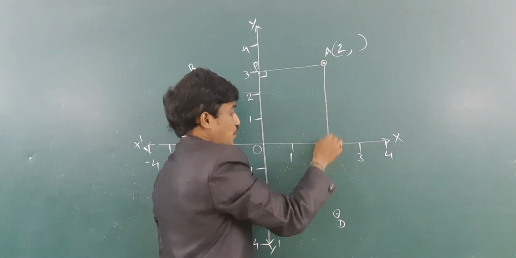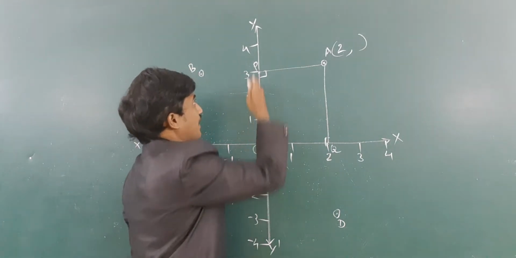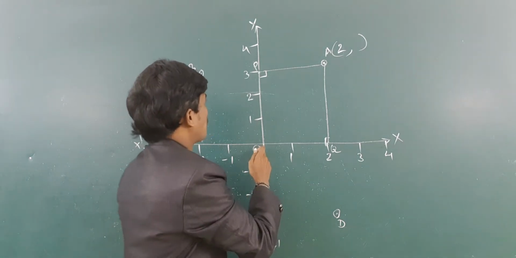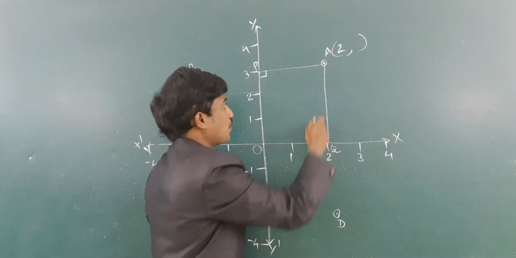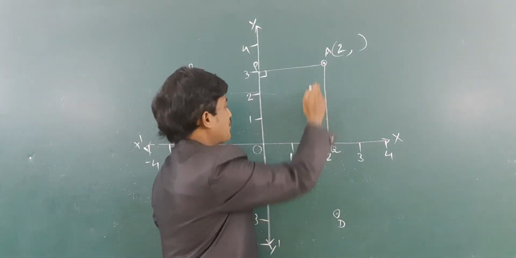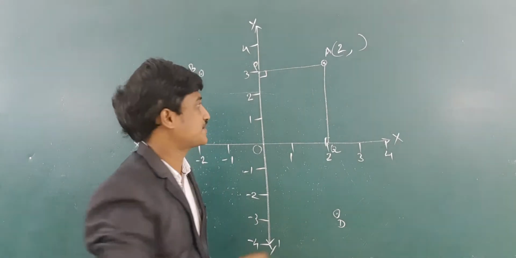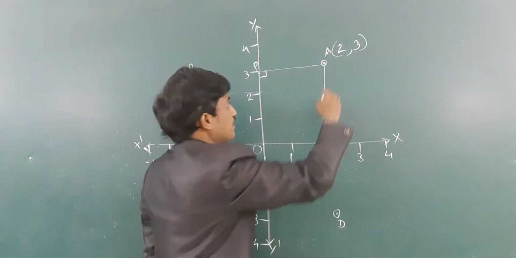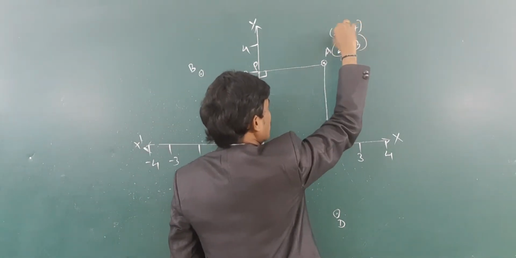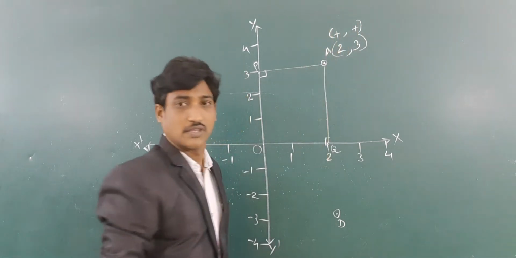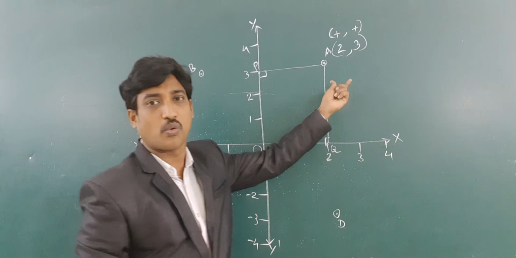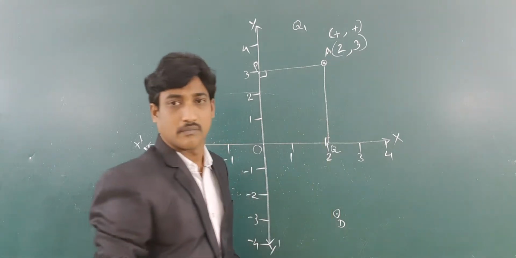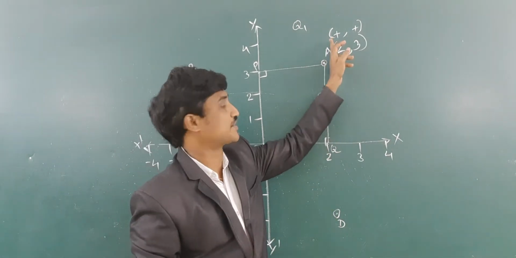This distance AQ is along the positive y-axis, so QA is 3 units, and we take it as positive, that is plus 3. Plus 2 and plus 3, both are positive. In this way we can find every point in the first quadrant Q1. The coordinates are with sign plus 2, plus 3.